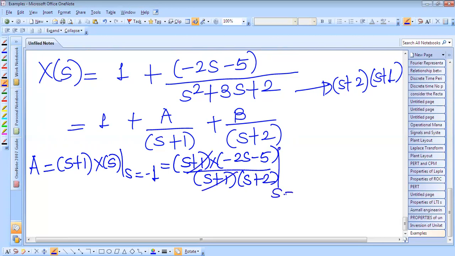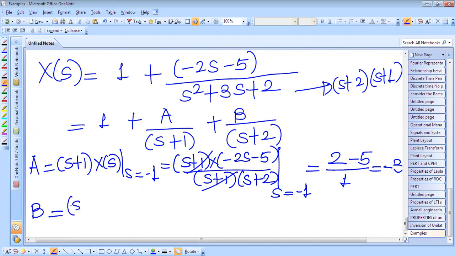Put s is equal to minus 1. So this is minus 2 into minus 1, which is 2, minus 5, divided by minus 1 plus 2, which is 1. So A is minus 3.